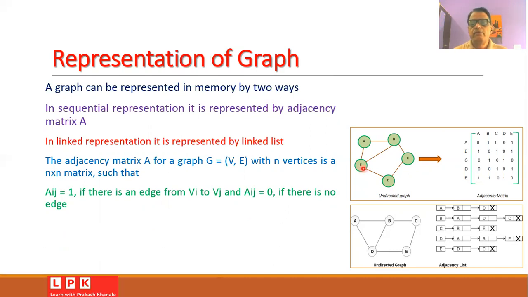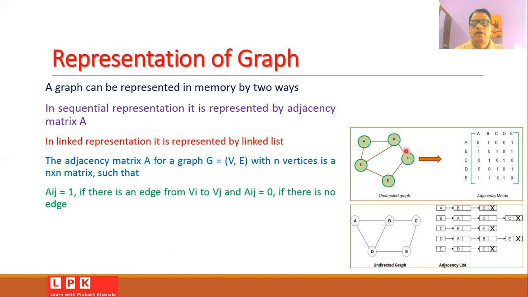Say for example, when we consider a graph like this, we can convert this graph into an adjacency matrix as shown in this window. There is an edge from A to B and from A to E, and therefore you will find that from A to B there is a 1 in the adjacency matrix, and from A to E a 1 is represented, while the others are represented by 0.